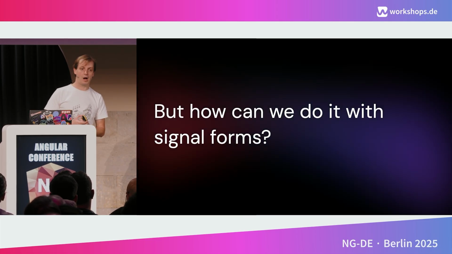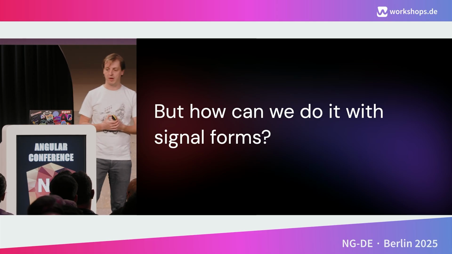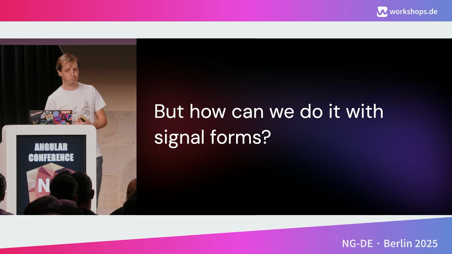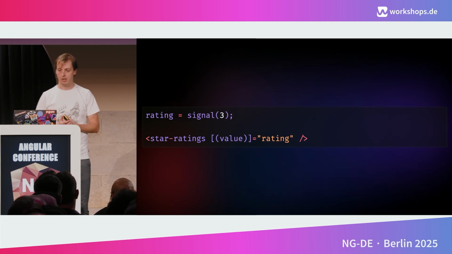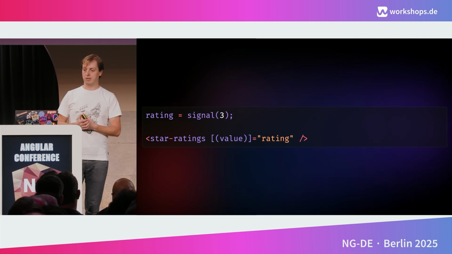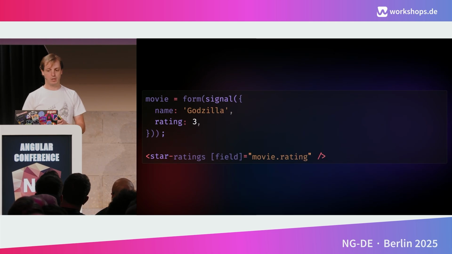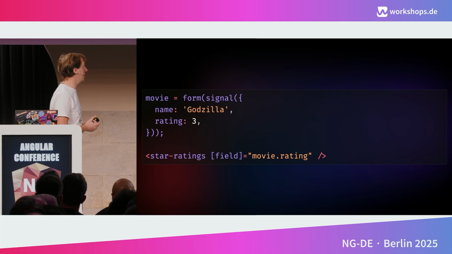And you know what? How would you just write this with the signal forms? Well, you won't change very much. You pass the rating, you pass the value, and actually, that's just it.